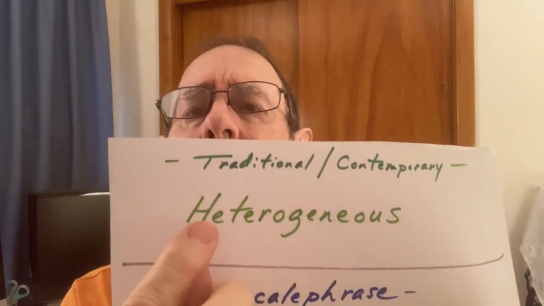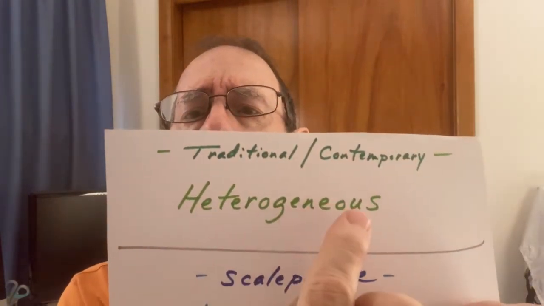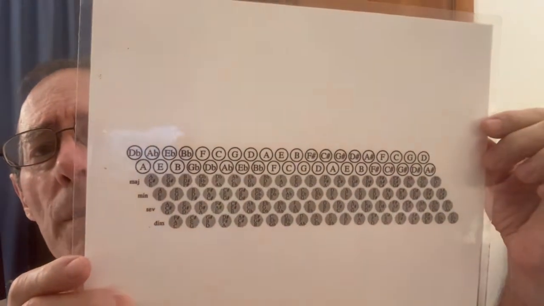That traditional contemporary chart is what I call heterogeneous. In other words, it's not entirely consistent, it's not entirely accurate, and it blends two different ideas in one chart. I'll talk about that in a minute.